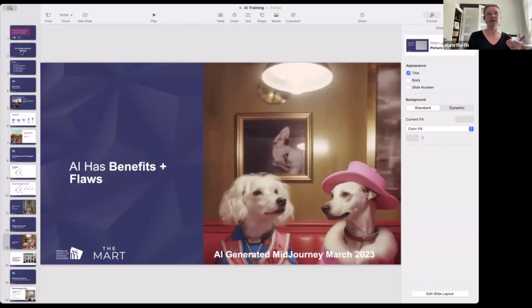And so what we want to do is give you those tools to understand. Like this is a little faceless rabbit in the background, right? But it's got chicken legs. And in the reality in that little picture in the background behind the two dogs, the stuff in the forefront is clear and makes sense, but you have to understand that the items that are far back in AI are going to be distorted or wrong, right?